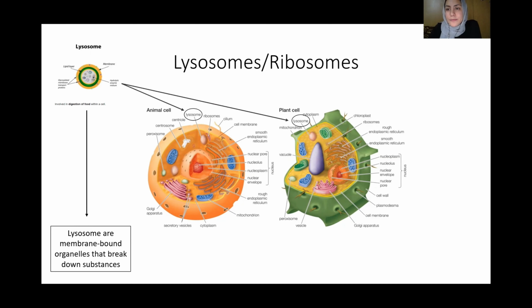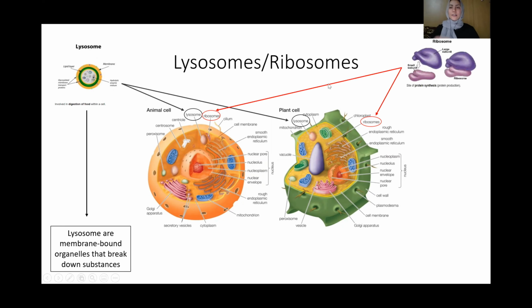This is the lysosome. If you look at the ribosomes, on the other side, we find them in animal cells and also in plant cells, and they look like small dots, super small dots. This is how they look in the cell from far away, but if you zoom in, we're going to see them. This is how they look.